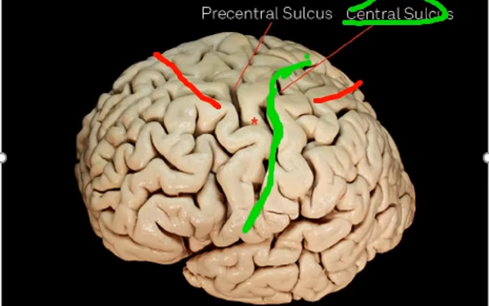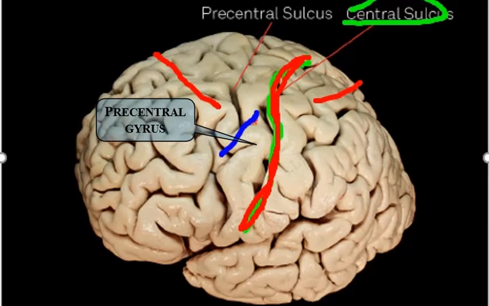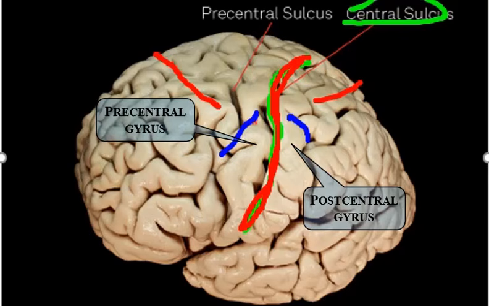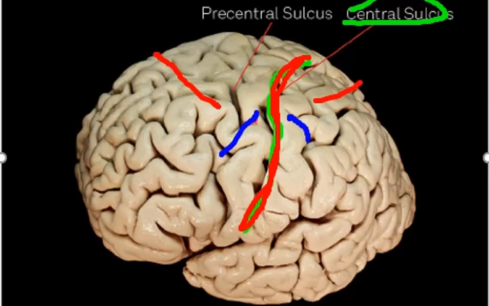Okay, and just anterior to this central sulcus, which is already given green, let me give it a red. Just anterior to it, there is an important gyrus called the precentral gyrus, and posterior to it, there is also an important gyrus called the postcentral gyrus. Anterior to each of these gyri too, there is also a sulcus.